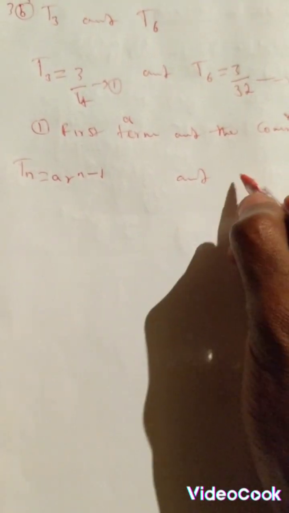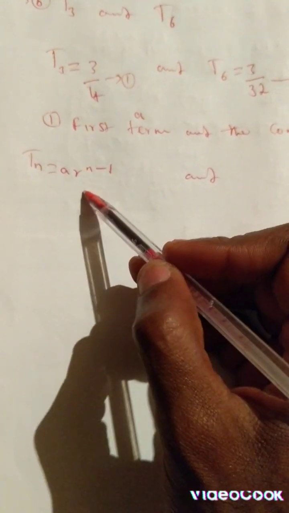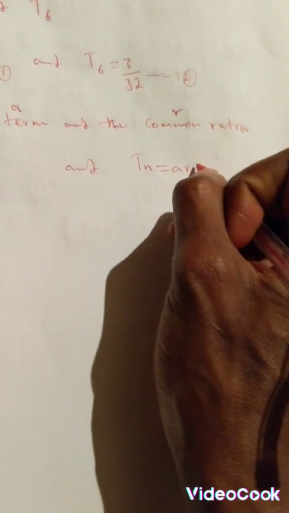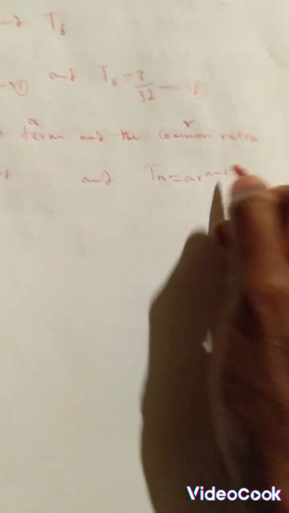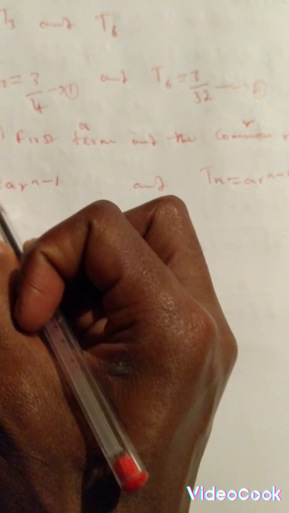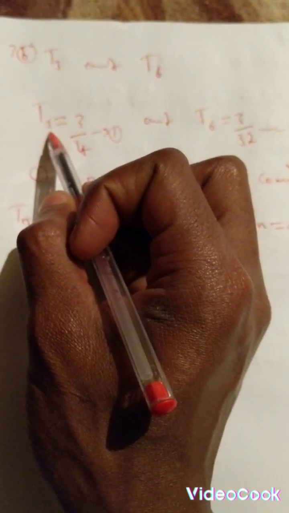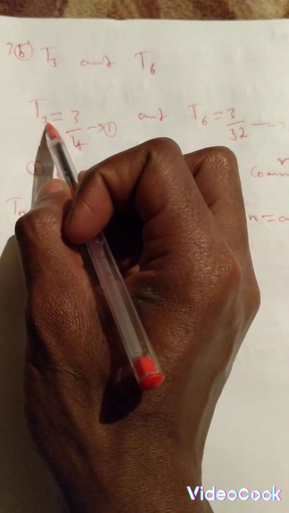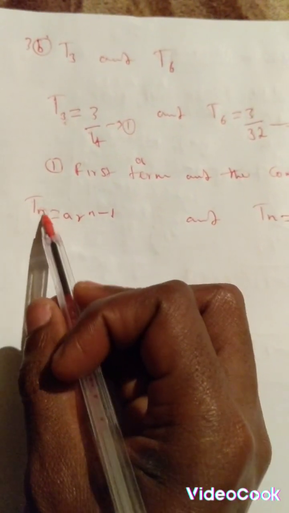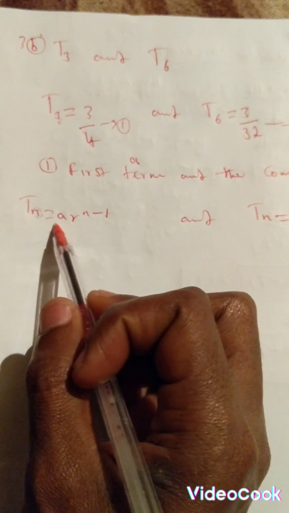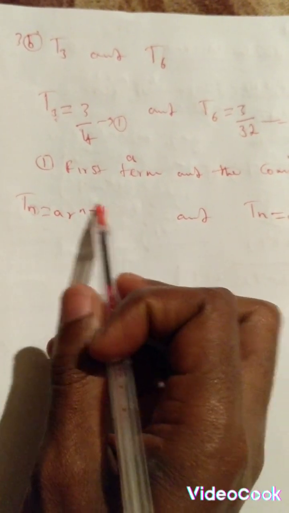For the third term, where there is n, we put 3. Everything that is here, the third term, is equal to 3 over 4.